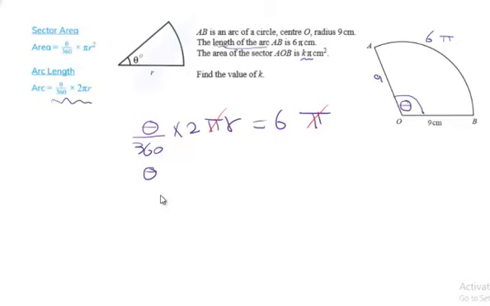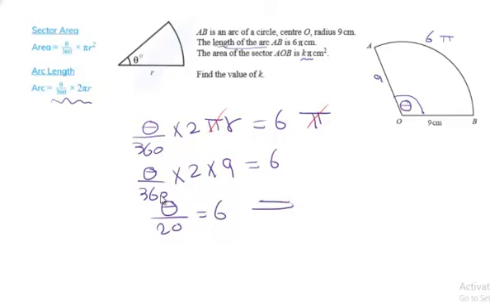Theta over 360 multiplied by 2 multiplied by the radius, which is 9, all of that equals 6. By simple simplification, theta over 20 equals 6. From that we can say that theta equals 120 degrees.